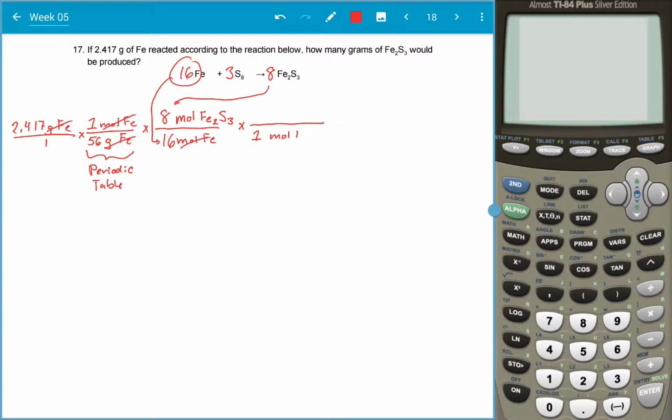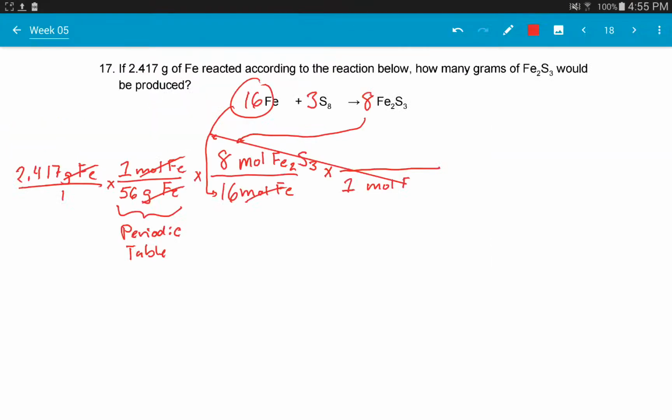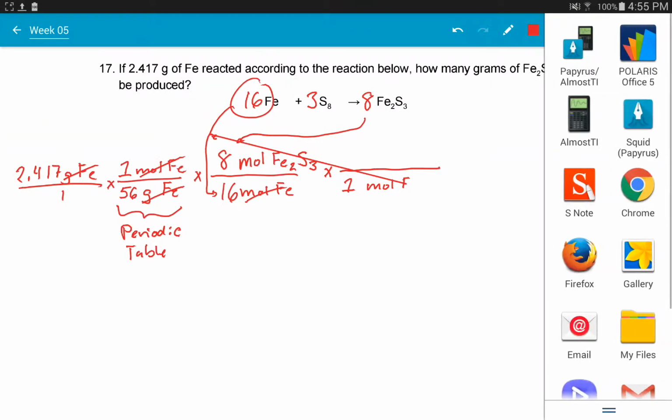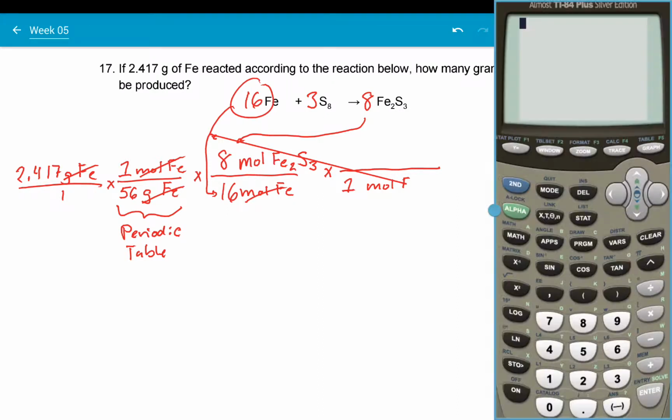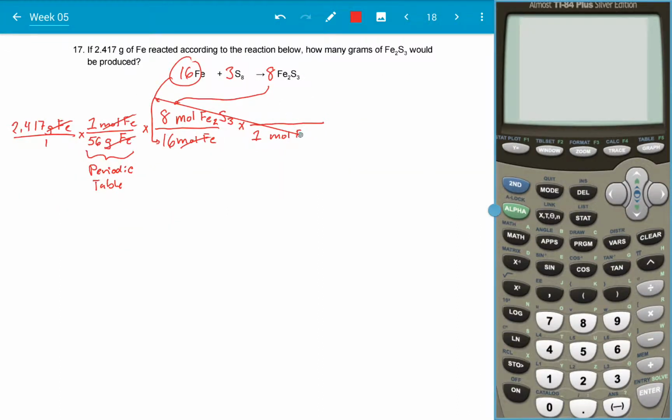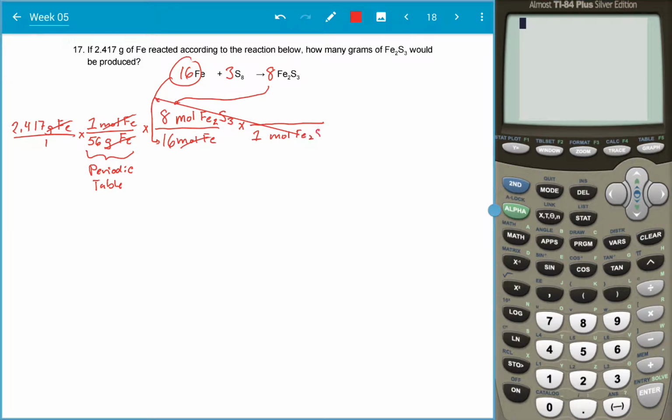So 1 mole of iron 3 sulfide would be a certain number of grams of iron 3 sulfide.